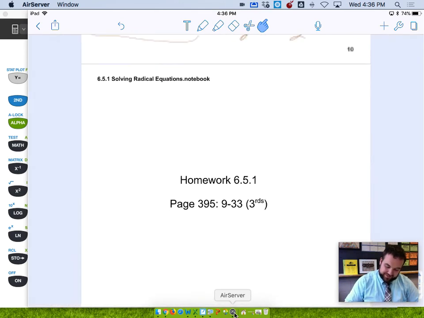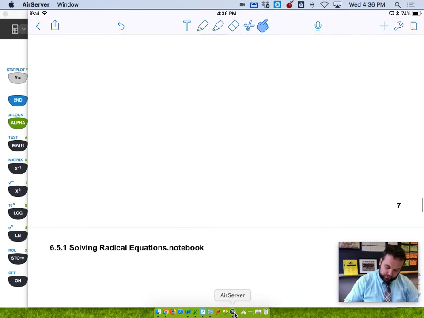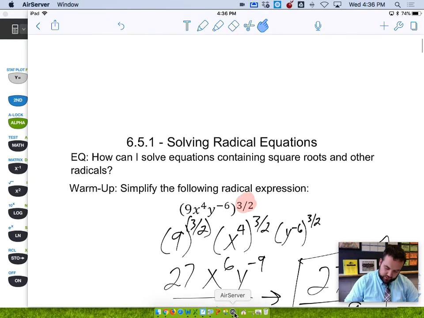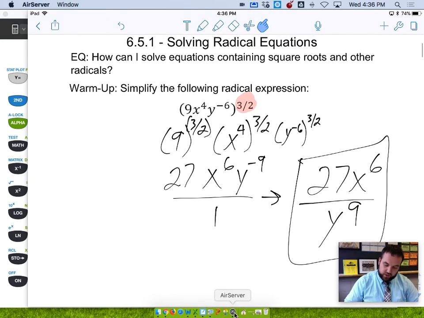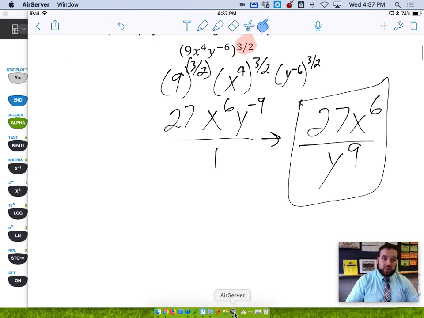I missed the summary, so let's do that real quick. Forgot that slide. Our EQ was, how can I solve equations containing square roots and other radicals?